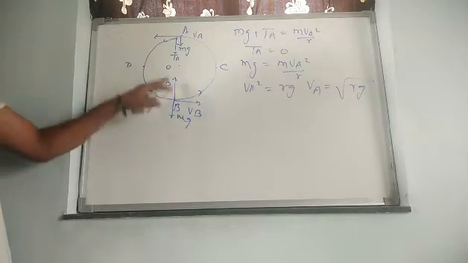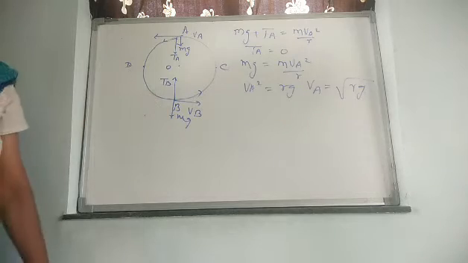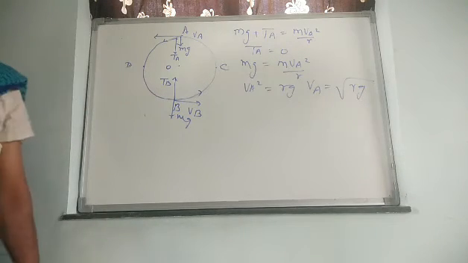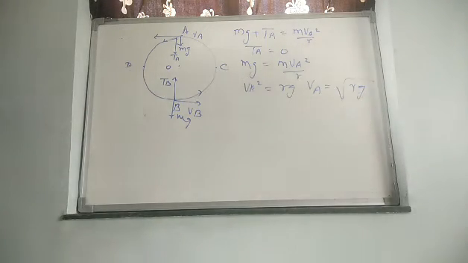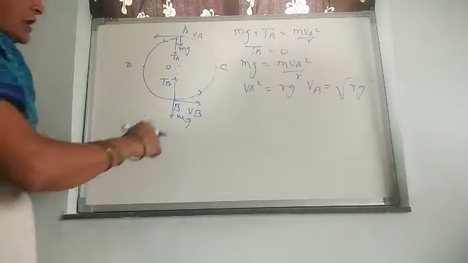These two forces are in opposite directions, and the resultant of these two forces decides the necessary centripetal force for vertical circular motion.